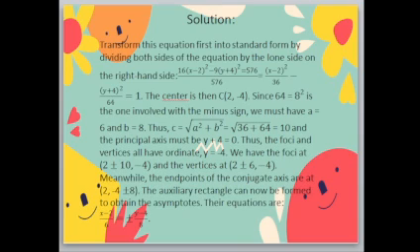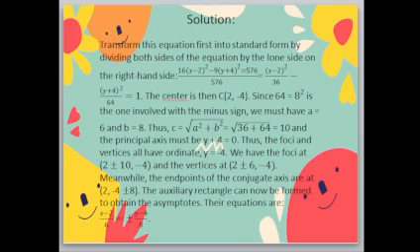So 16 times (x minus 2) squared divided by 576. We have 16 divided by 16 is 1, and 576 divided by 16 is 36.